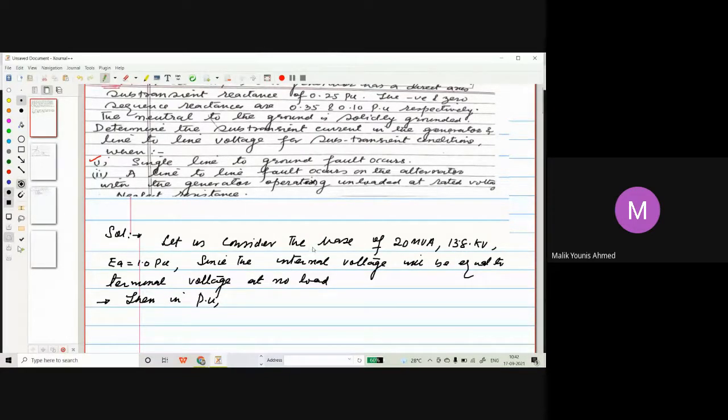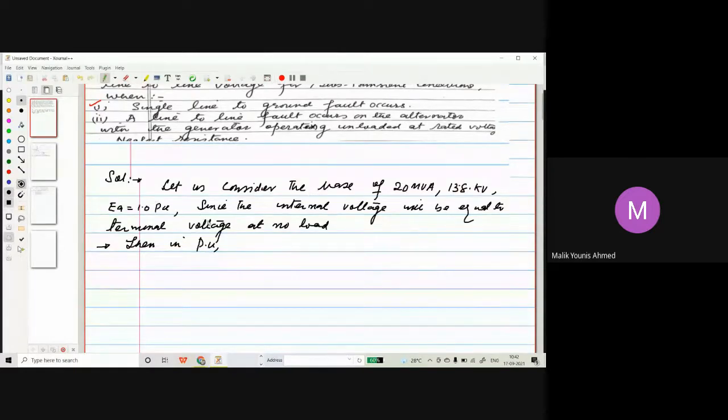We know that in case of line to ground fault, positive sequence current is equal to EA divided by Z1 plus Z2 plus Z0. Now note, in this question nothing is referred about the neutral, we don't have a neutral grounded or something else, so we have to leave out that 3Z, and we don't have to consider that.